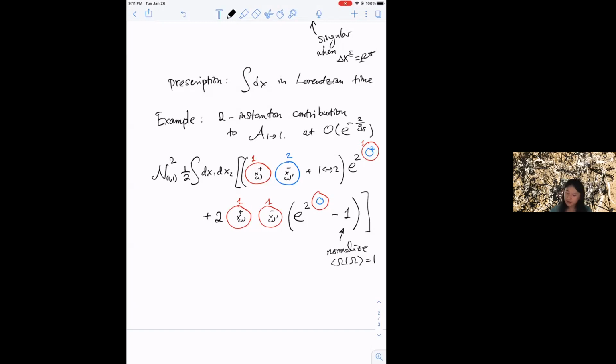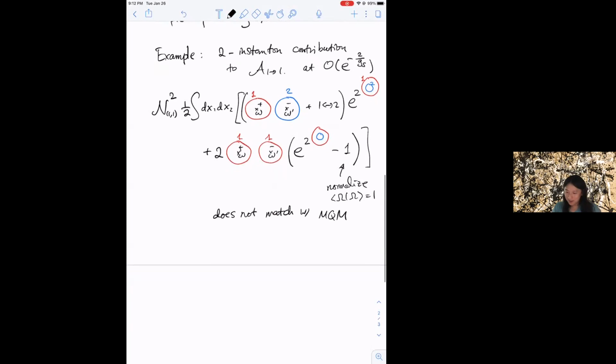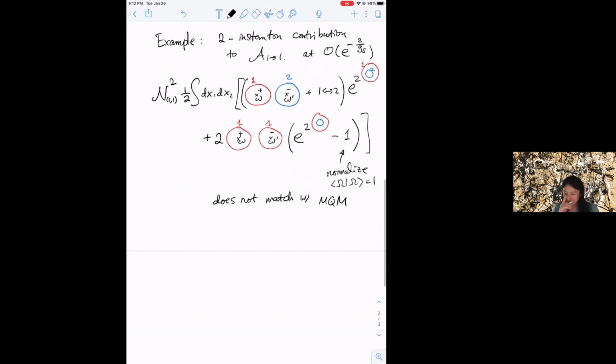But the result does not match the proposal from matrix quantum mechanics. For a while we were puzzled by why this doesn't work out. Maybe it's just not the right prescription. But then we recognized that if you assume that there are also contributions from these higher ZZ instantons, then that can precisely account for the difference.